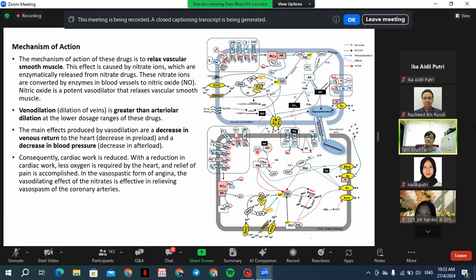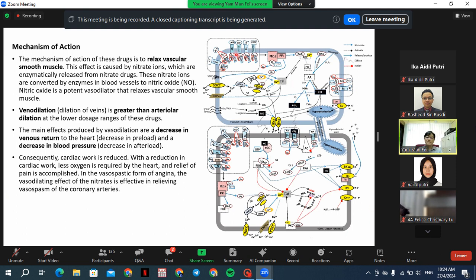Once activated, it will convert your GTP to cyclic GMP. Your cyclic GMP will cause activation of PKG, and this PKG will further activate, look at the black line here, the MLCP. This is the vasocontraction or vasodilation process. Okay, with the help of calcium, of course, you need to have calcium.